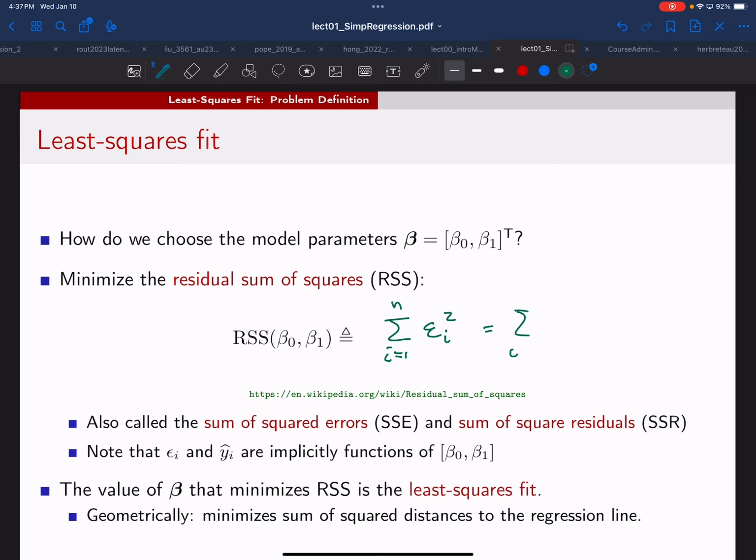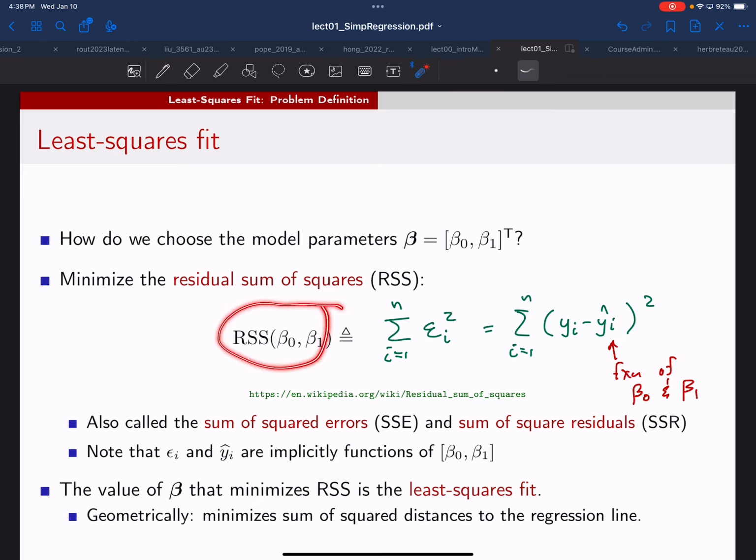We could also plug in our expression for the residual, yi minus y hat i, quantity squared. And notice that y hat i is a function of the parameters beta 0 and beta 1. Because of that dependence, this overall thing, which we're going to call RSS, the residual sum of squares, is dependent on beta 0 and beta 1.